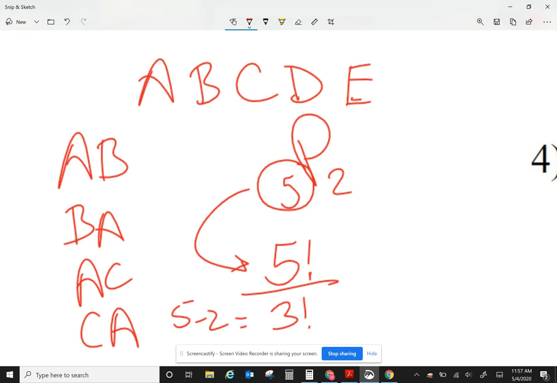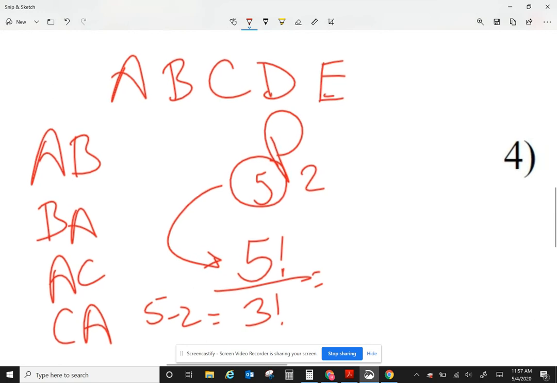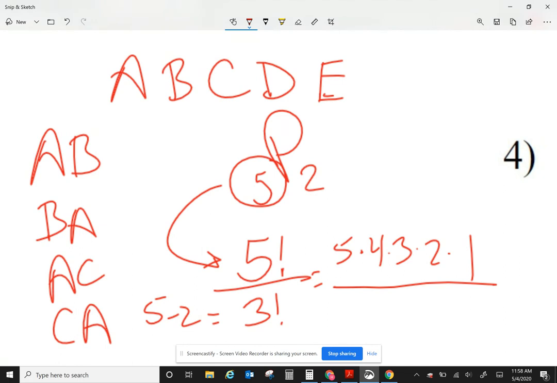All right, so remember factorial, I said it was the number that we start with, the one given. So 5 factorial, I'm going to start with 5 and multiply my digits all the way down to 1. So I'm going to go 5 times 4 times 3 times 2 times 1 over 3 factorial, which is the same thing as 3 times 2 times 1.